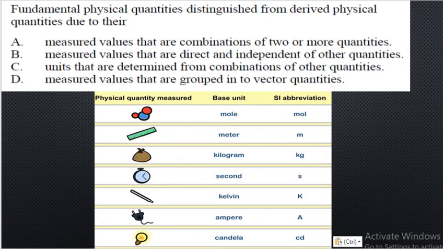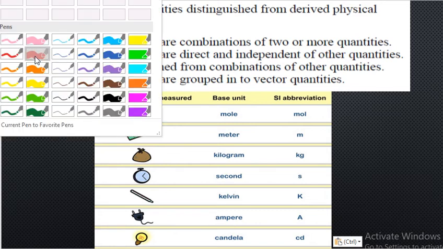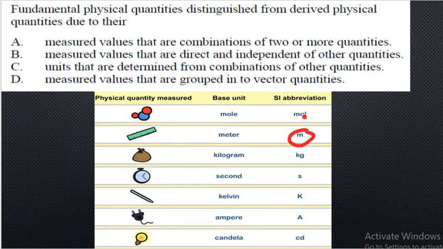These are amount of substance, which is mole, as you see here in the figure. The second one is length, which is measured by meter.